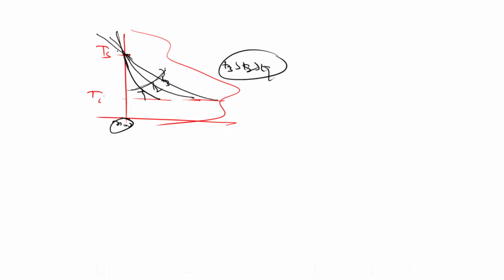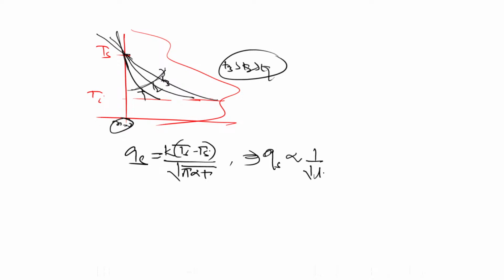Clear? So what we have seen here, the surface heat flux is equal to Ts minus Ti into k upon under root pi alpha into t. So this implies the surface heat flux is proportional to 1 by root t.